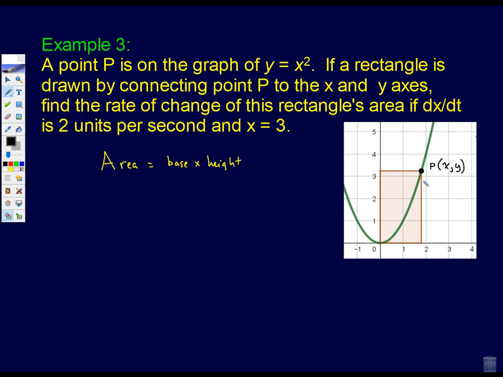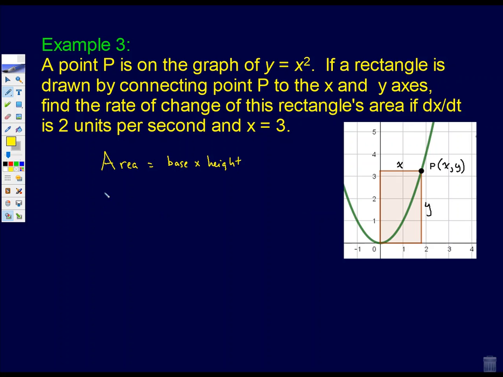Remember, it moves along the curve, but the x coordinate of that point at any given moment would determine how wide the rectangle is. And like right now, this point P, the x coordinate appears to be about 1.9, 1.8. So that would be determining the width. And the height of this point appears to be just a little bit over 3, like maybe 3.2. So that y coordinate would be the height.